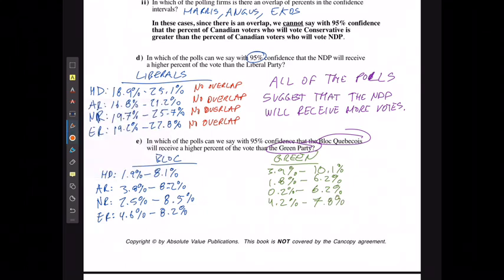If I take a look at them, well, this one has overlap. This one has overlap. This one has overlap. And this one has overlap.